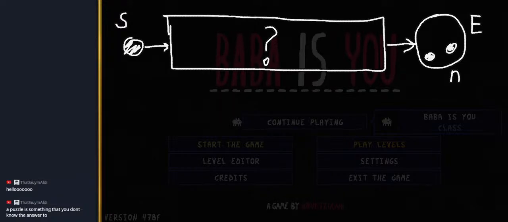And as Aldi pointed out, this is part of what makes a puzzle. Something you don't know the answer to.